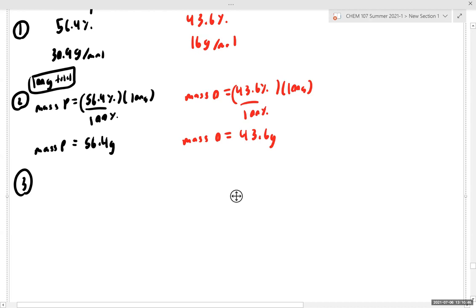Would anyone like to share their calculated mole values or mole to mole ratios?